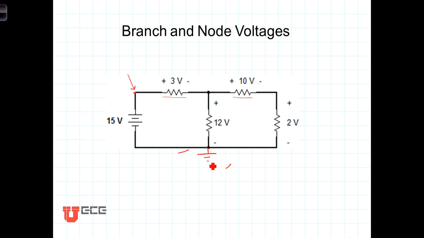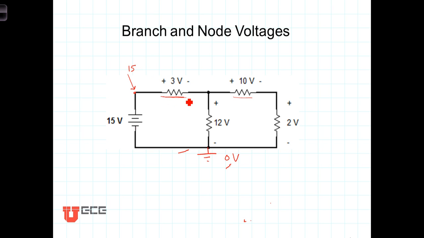So let's call this node here 0 volts. And then, as we come along this branch, we go up from 0, up 15 volts. So at this point, the voltage there is 15 volts above 0, or above our reference.